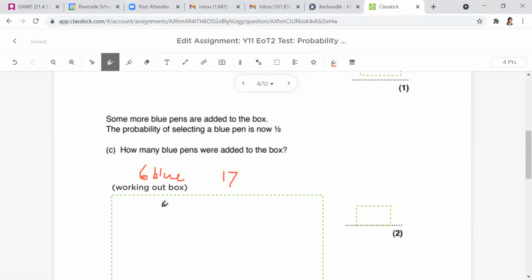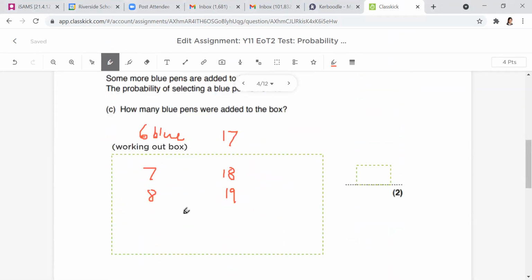So just try it. If I add 1 more blue pen, that'll be 7 out of 18, that's not half. If I add 2 more blue pens, that's 8, and there'll be 19 total. I'm just doing a guess and check. That's not half either, but I'm getting close. Why don't I try plus 5 pens?